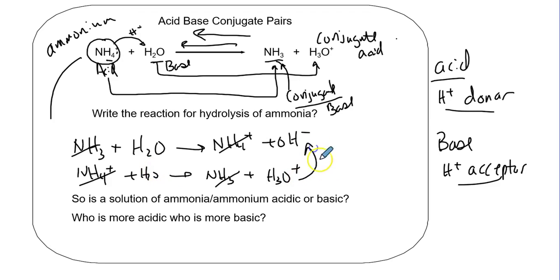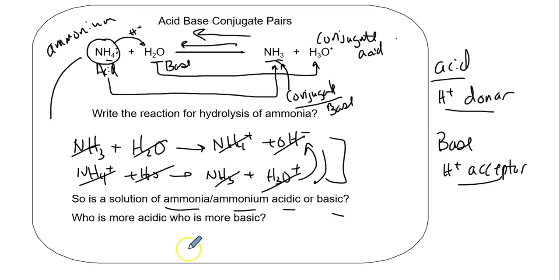Of course, these will annihilate each other, since they are the reverse of each other, so they should cancel each other out. So is a solution of ammonia or ammonium acidic or basic? That's the question. If they cancel each other out, which one is it?